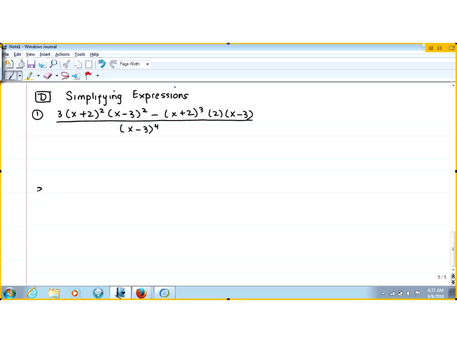divided by (x minus 3) to the 4th. And you've seen the top one before. We simplified it before. How about if I have 3 times (1 plus x) to the 1/3 minus x times (1 plus x) to the negative 2/3, divided by (1 plus x) to the 2/3.